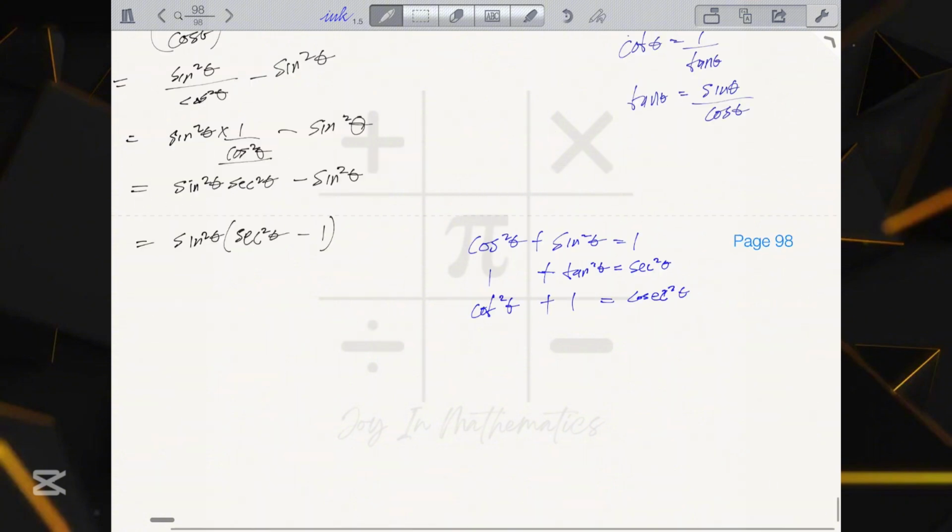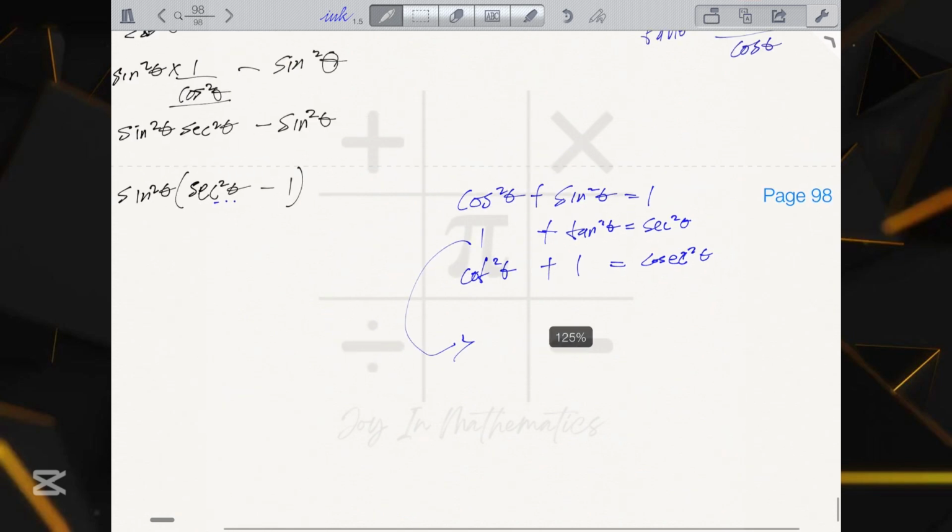So now we want to find an expression that contains sec squared theta, and that is equation 2. So let's make sec squared theta minus 1 the subject of the formula.